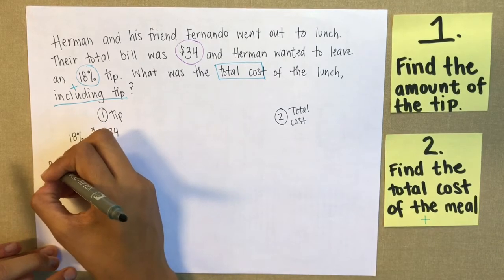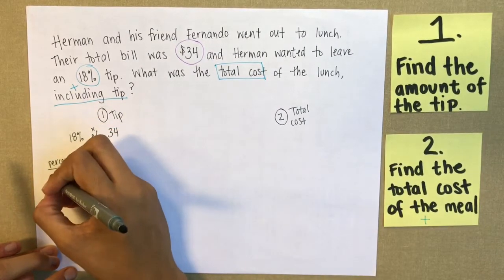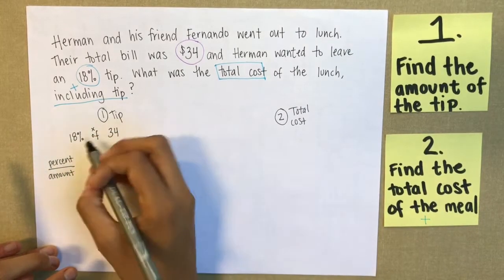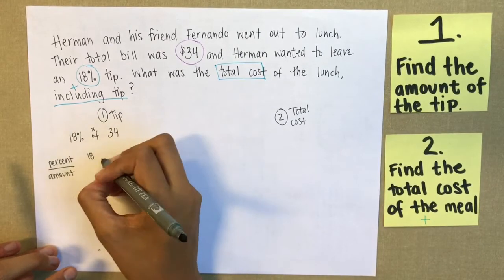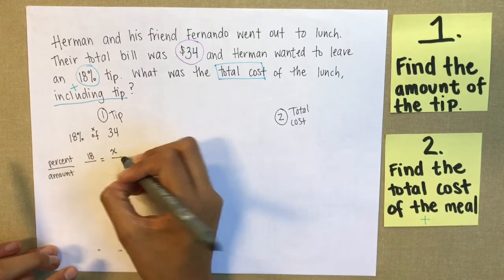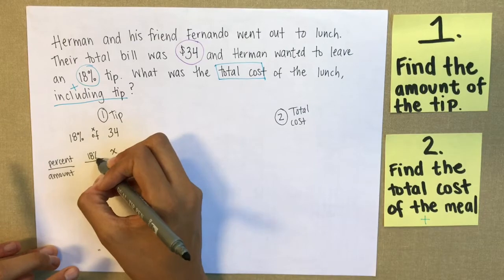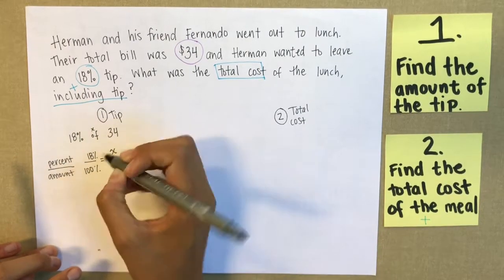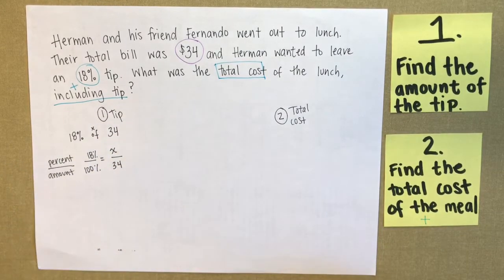I have my percent, right, like 18%, and then I have my amount. So I know that I'm looking for 18%, and I don't know what that is, so I'm going to call that X, because that's what I'm looking for. What is 18% actually equal to? Well, I know that 100% is equal to 34 because that's the cost of the lunch.